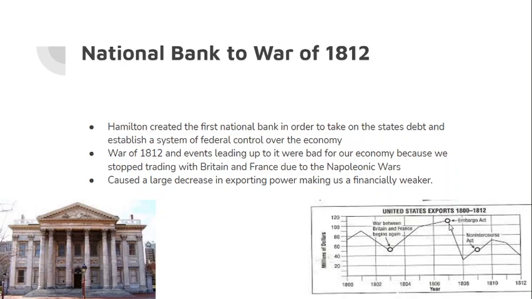But then, as you can see, around 1807, T.J., or Thomas Jefferson, put the Embargo Act. This basically barred trade with foreign nations, and as you can see, this really plummeted the exports we were taking out.